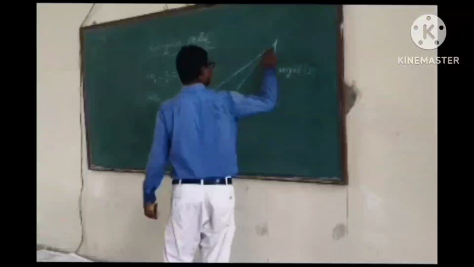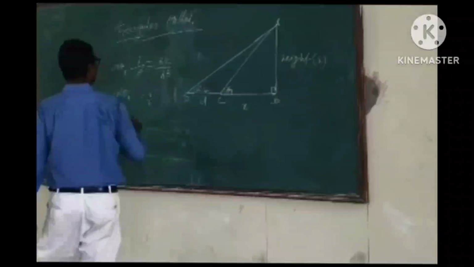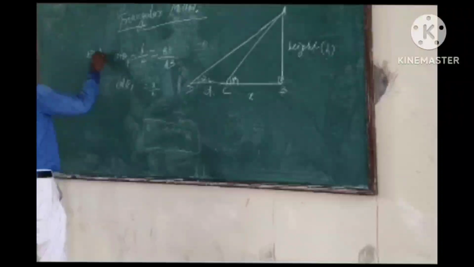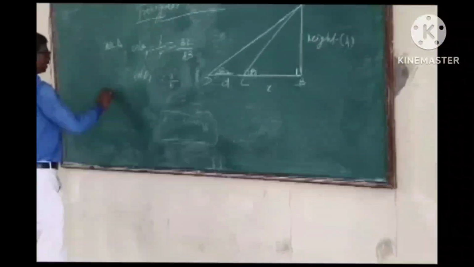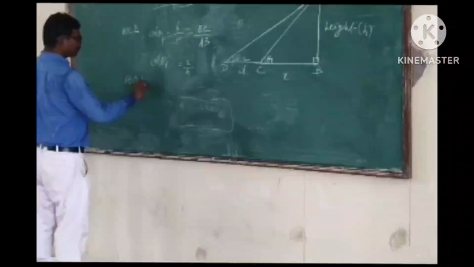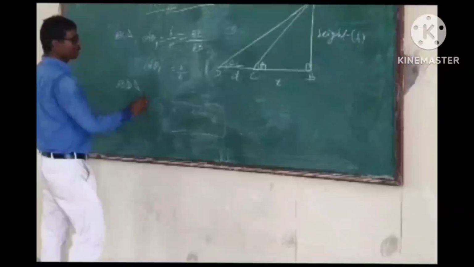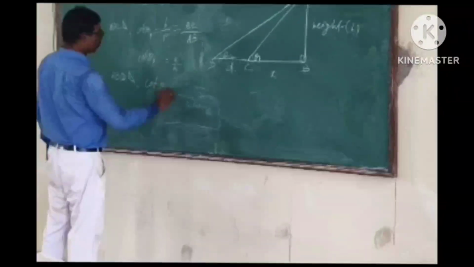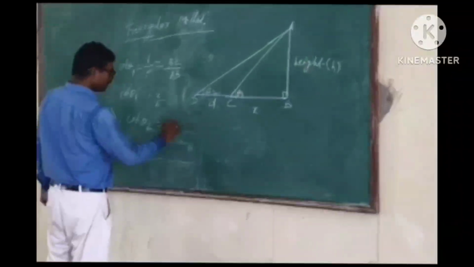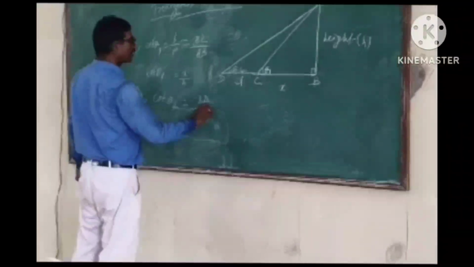Then in ABD triangle, what do we get? Cot theta 2 is equal to BD by AB.